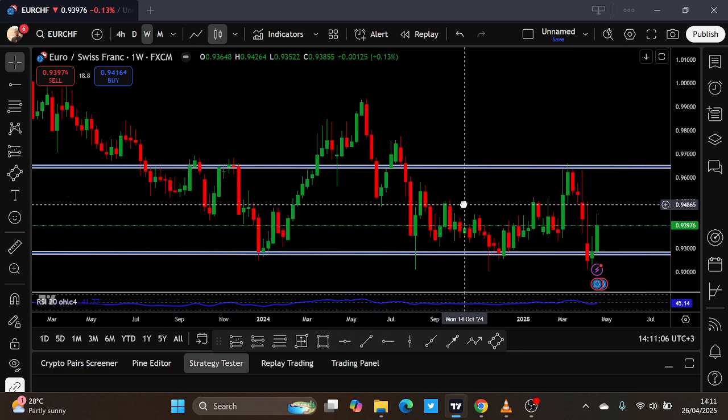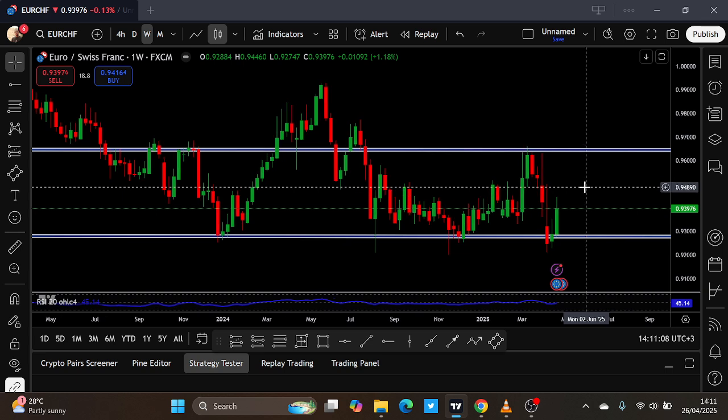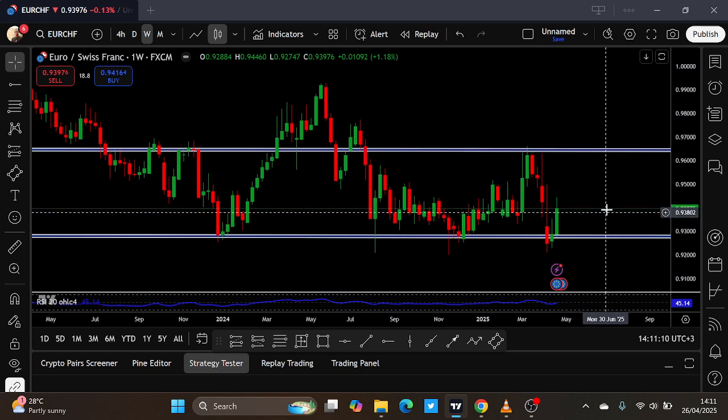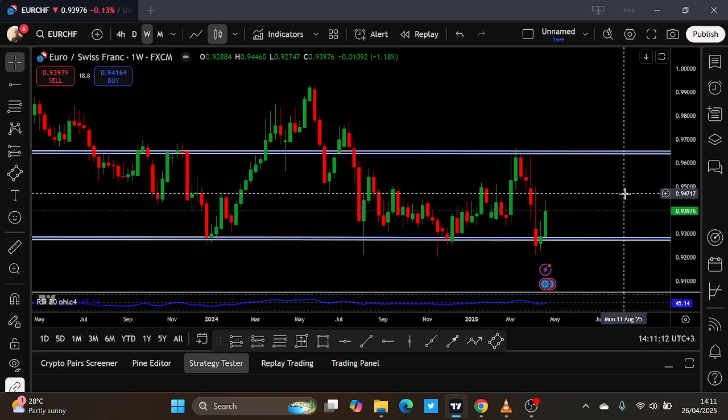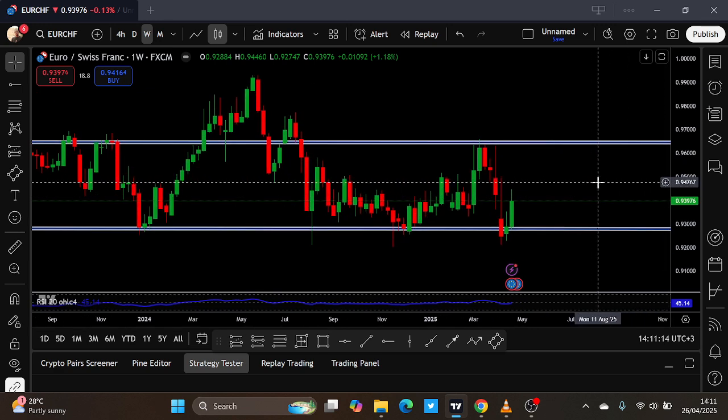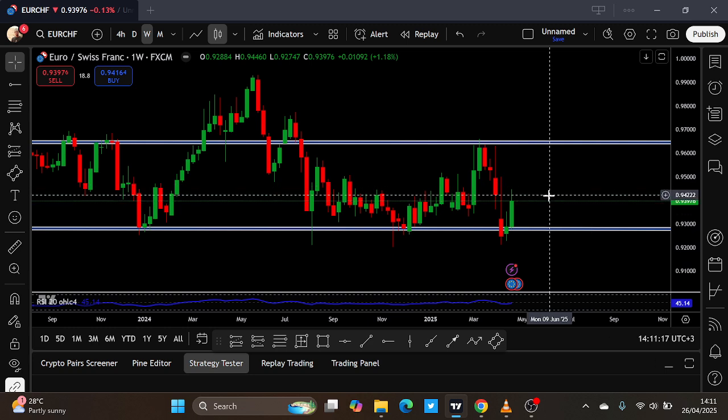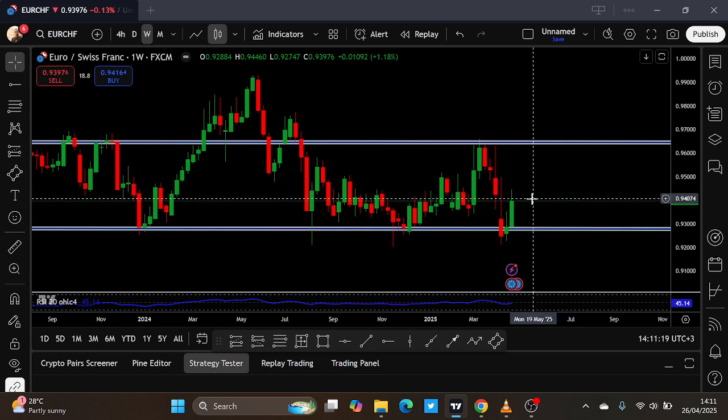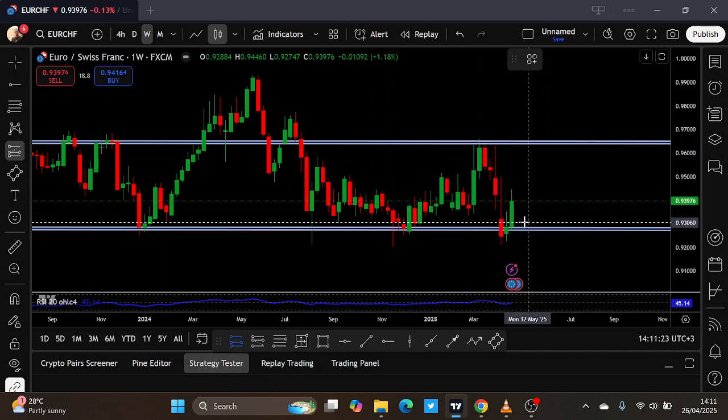Okay, so this is EURCHF. I'm going to take you through the process and how I managed to capture all these pips on EURCHF. I still have more pips to capture from here up to here. I'm looking at around 300 pips.